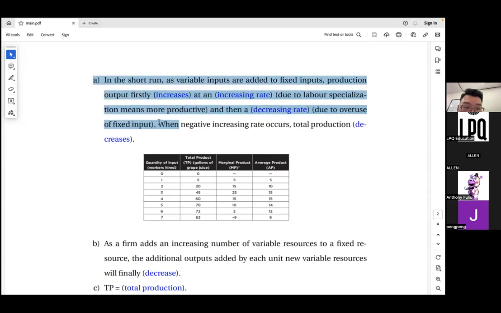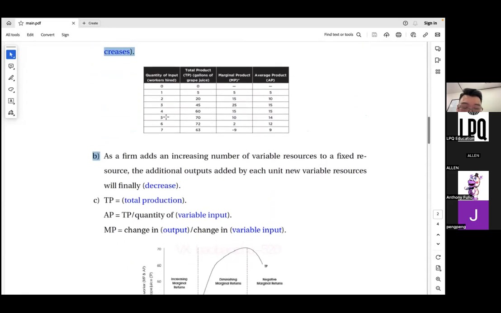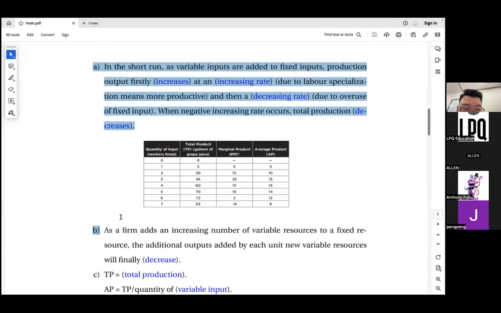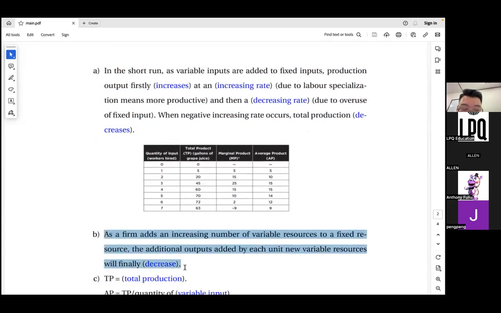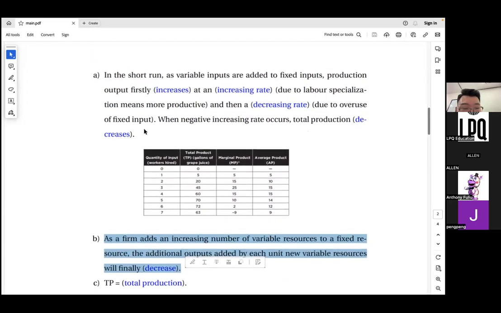So the whole thing, number A here, is called the law of diminishing marginal return. Number B actually is another way; A and B are the same thing. B can still be called the law of decreasing marginal return.